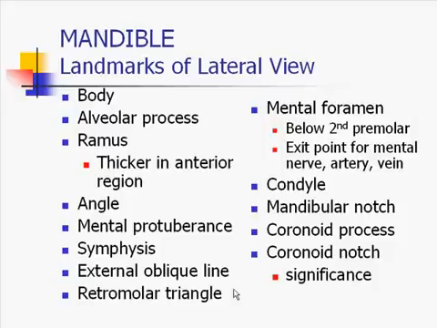So again, if you were to put your finger in your mouth, go to the distal behind that last molar on the mandible, that soft tissue pad there is called the retromolar pad. The retromolar triangle is the bony area right underneath.